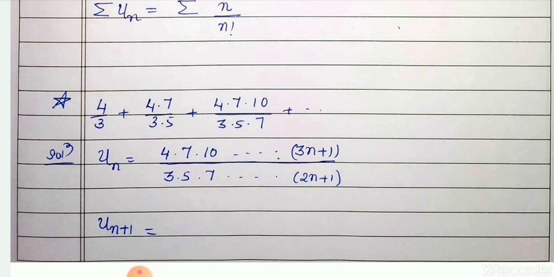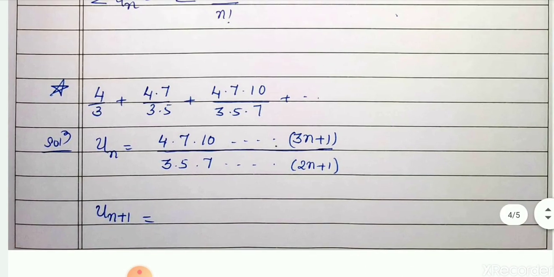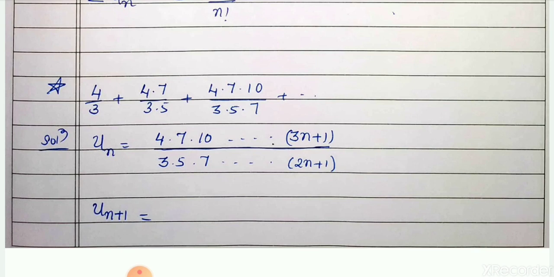Next example, 4 by 3 plus 4 into 7 divided by 3 into 5 plus 4 into 7 into 10 divided by 3 into 5 into 7. We have discussed a similar example earlier. So nth term will have n terms in the numerator, n terms in the denominator. You can obtain the nth term of the series by going for arithmetic progression.